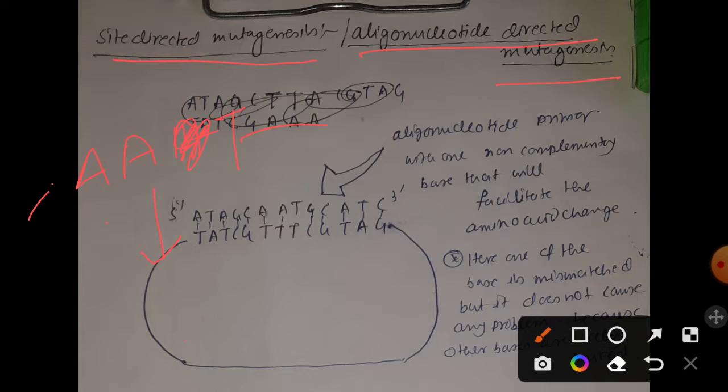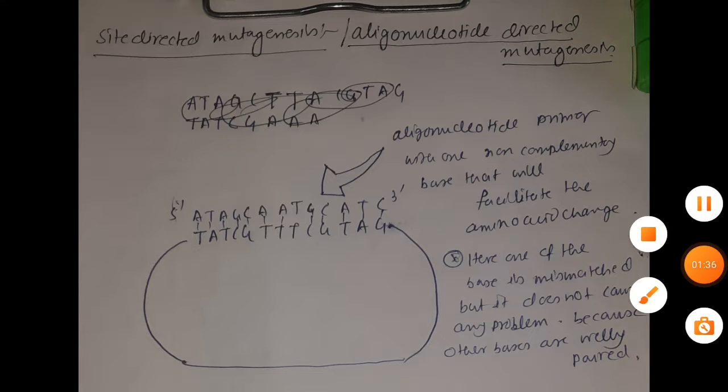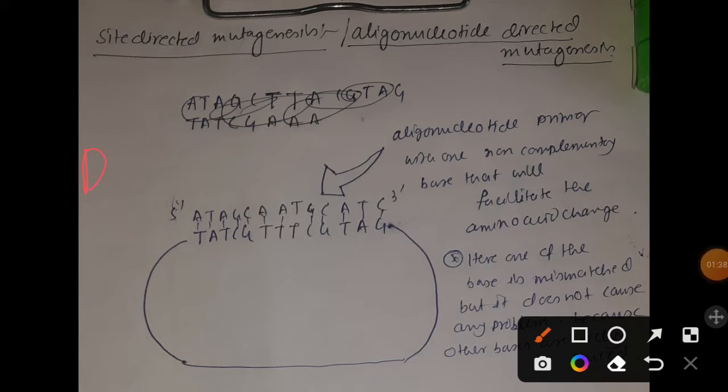So with the help of site-directed mutagenesis or oligonucleotide-directed mutagenesis, we can cure those kinds of problems. How? We will simply remove that T and replace it with A. As a result, what will happen? We all know that our central dogma tells us that from DNA we get RNA via a process called transcription, then from RNA we end up with protein via a process called translation, right?